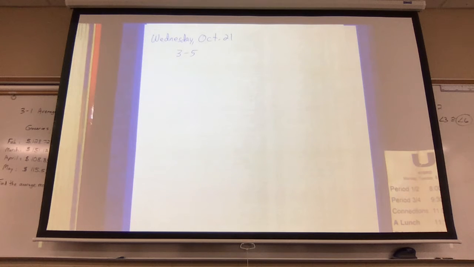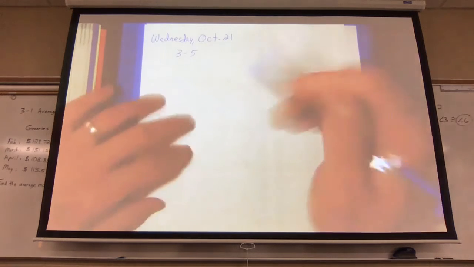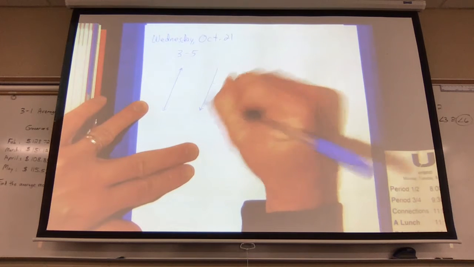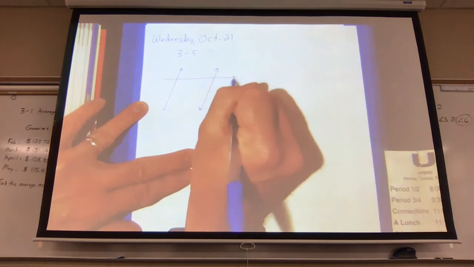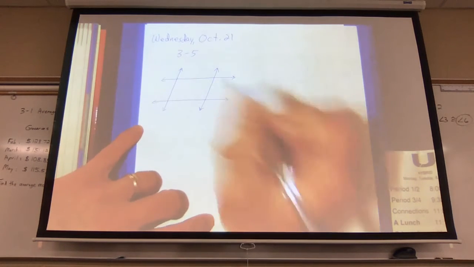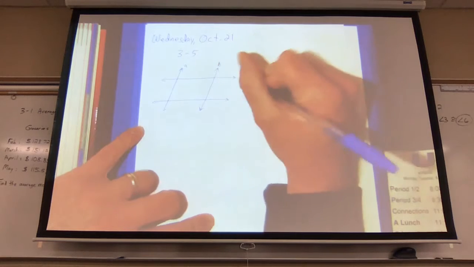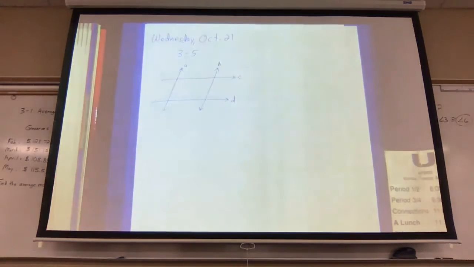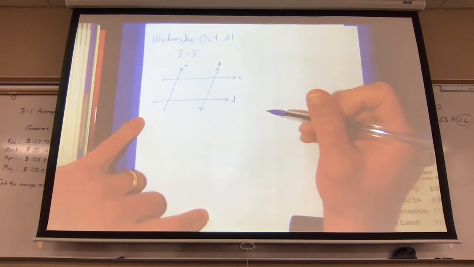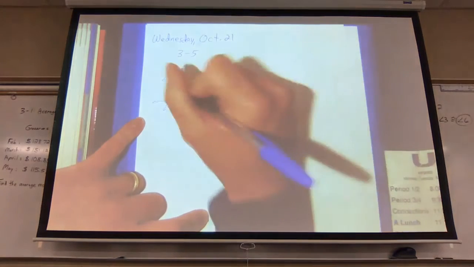First we're going to start with some examples. So let's start with a picture. They're going to give us a picture of 4 lines that are going to intersect. And we're going to call those 4 lines A, B, C, and D. And then typically they'll number the angle positions differently each time.